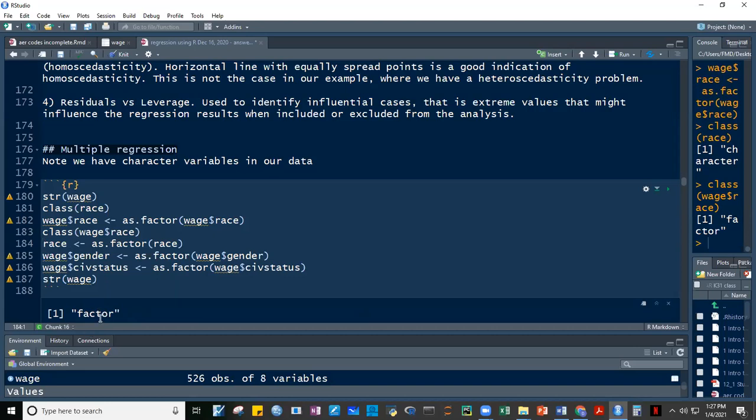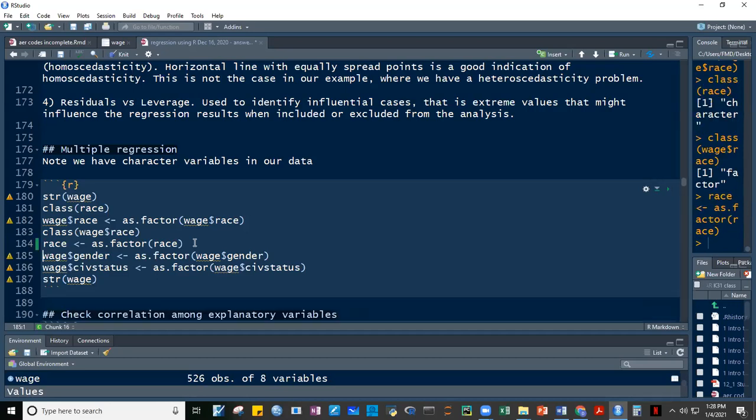It's now a factor. Right? Let's see guys kung pareho lang to. What am I comparing this with? I'm comparing it with row 182. Kasi si 182, in-specify pa natin na galing yung race kay wage. But is that really necessary? Hindi na actually. Kasi sabi natin na attach na natin yung wage data frame.